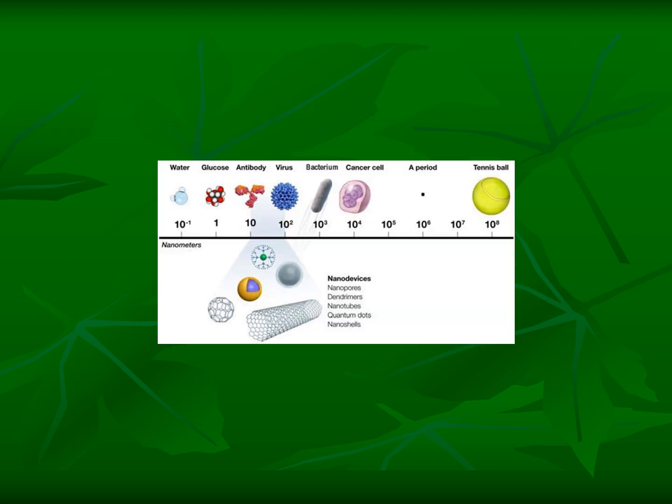And in terms of size, this drawing is just trying to give you a little bit of an idea of size. If you were to give glucose, which is a compound, it is a sugar, a unit of 1 nanometer, an antibody, which is a protein floating in your blood, is 10 times bigger than the glucose molecule.